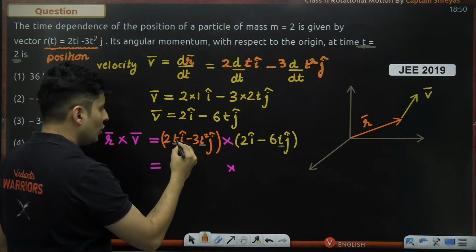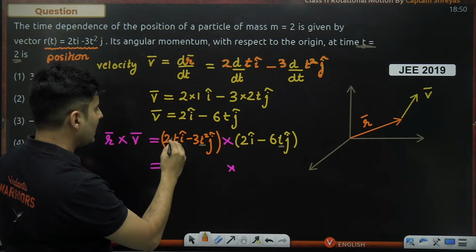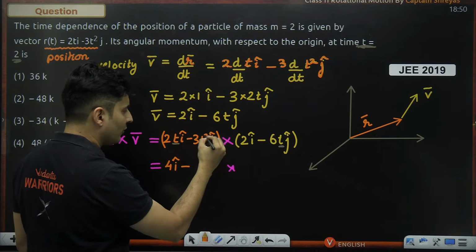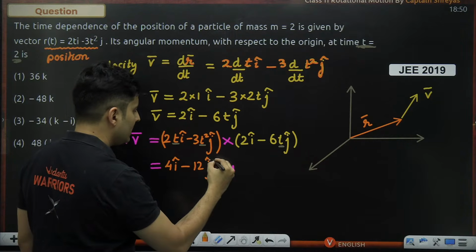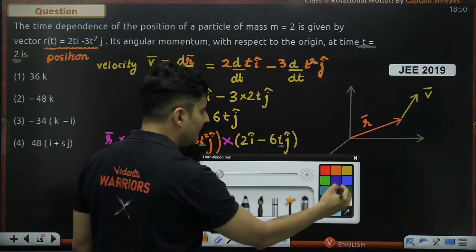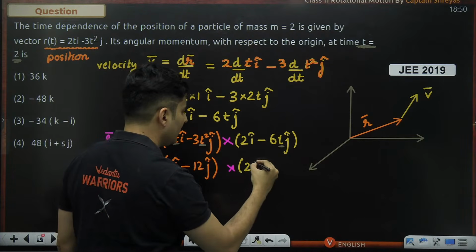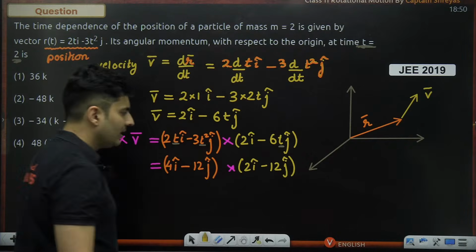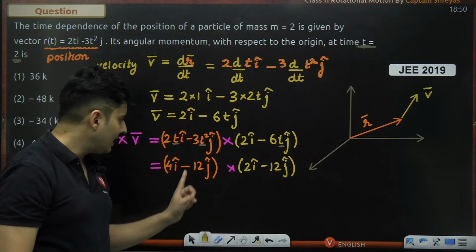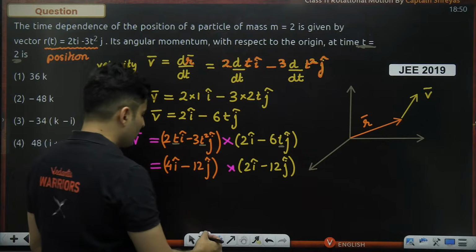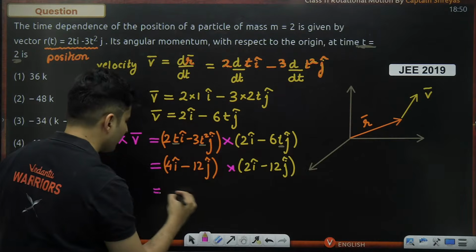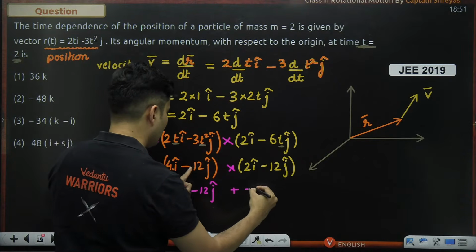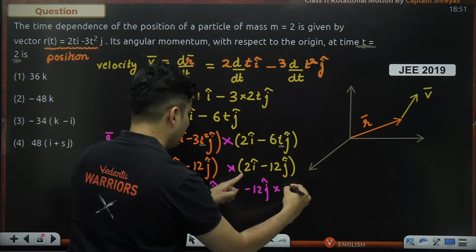So see what do I get? 2 into t, 2 into 2 is 4. So it will become 4 i cap minus 3 times 2 square, which is 4, 4 threes are 12, 12 j cap. Just check this out. Multiply it with this, which is simply 2 i cap. 2 into 6 is 12, so 12 j cap. Is that right? Now i cap will not multiply with i cap, j cap will not multiply with j cap. So what I will get over here: 4 i cap will multiply with minus 12 j cap, plus minus 12 j cap multiplying with 2 i cap.